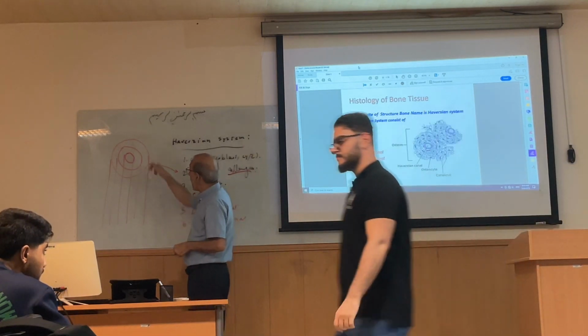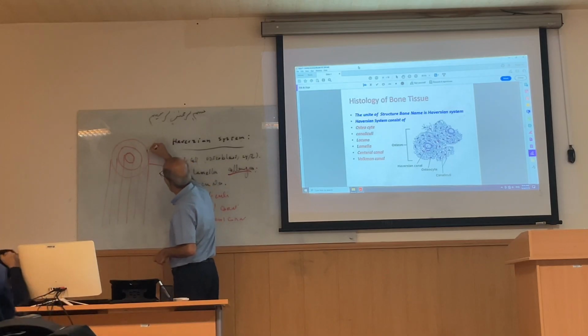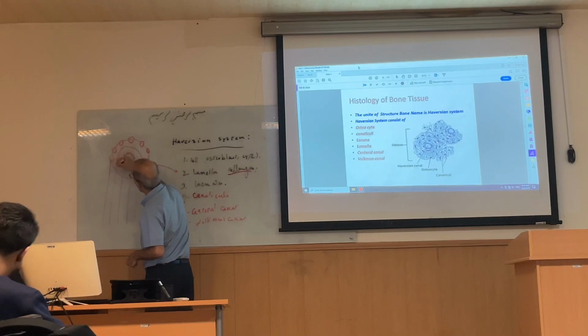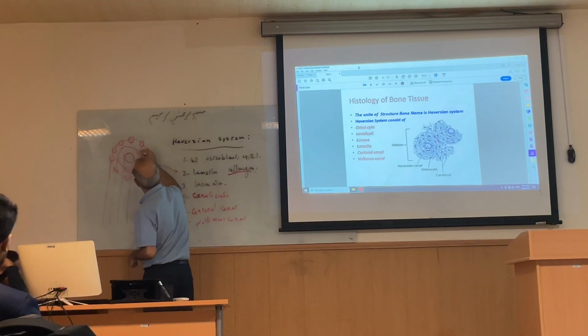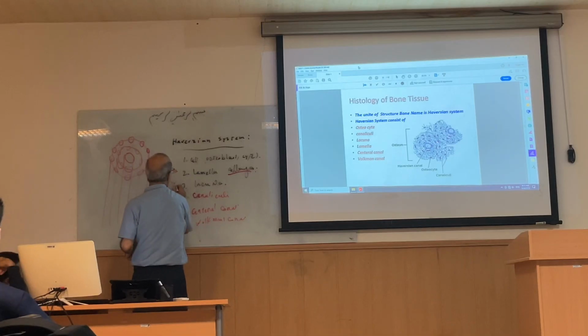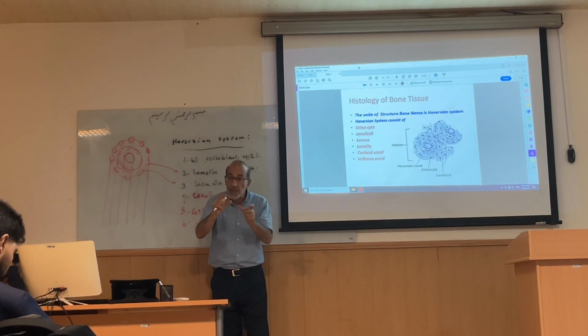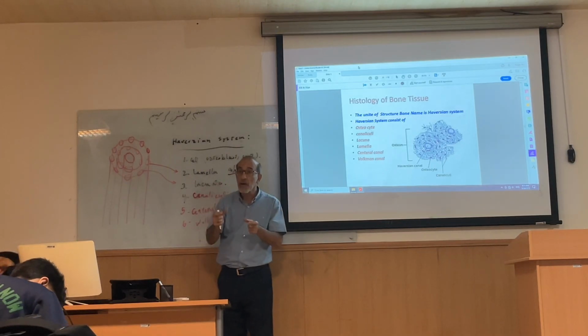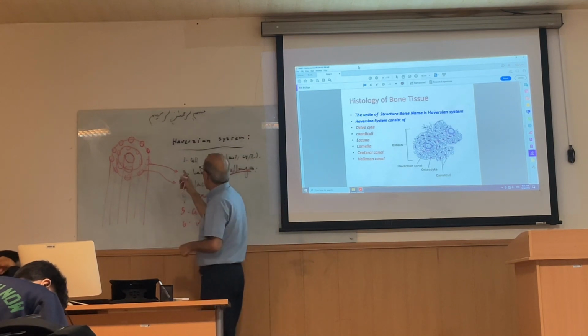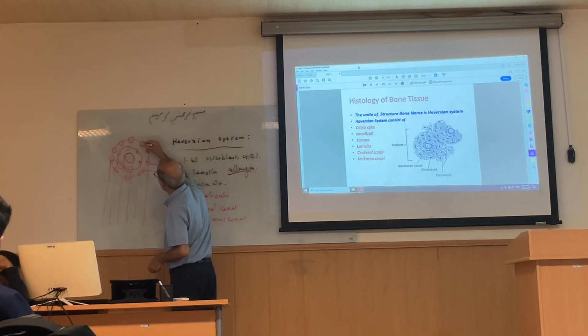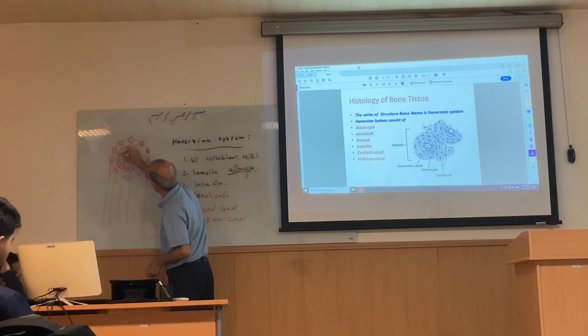You can see a space. What is the name of this space? It is very clear. This is lacuna. Lacuna is a chamber for a cell. The cell sits in this part, and you can see the nucleus.